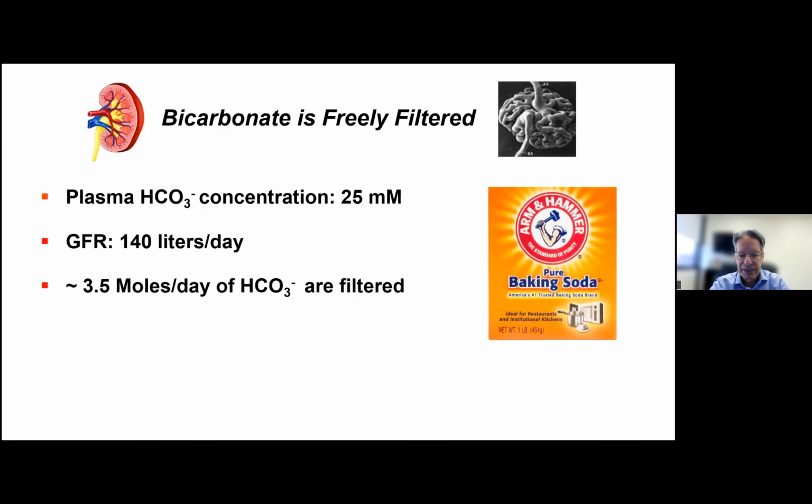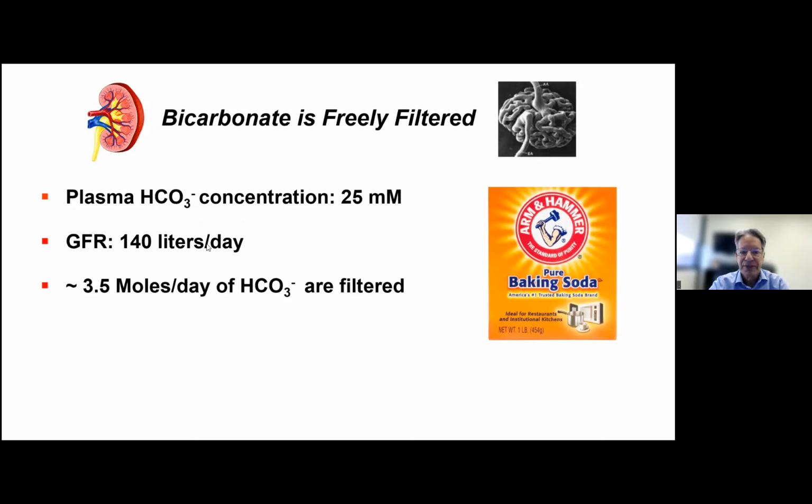So now we'll go into how the kidney keeps the bicarbonate concentration in your blood at 25 millimoles per liter. And that's one of the abnormalities that is associated with RTA, an abnormality of bicarbonate absorption. And that's what we'll talk about now.